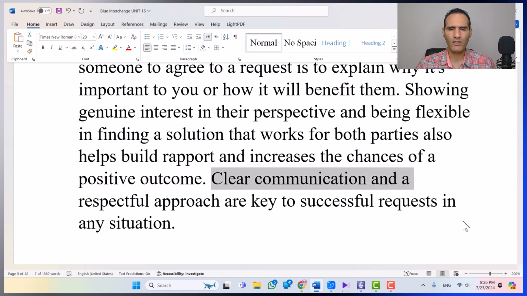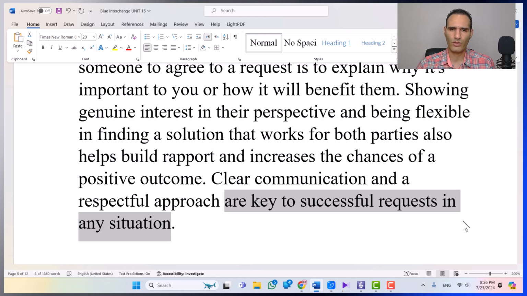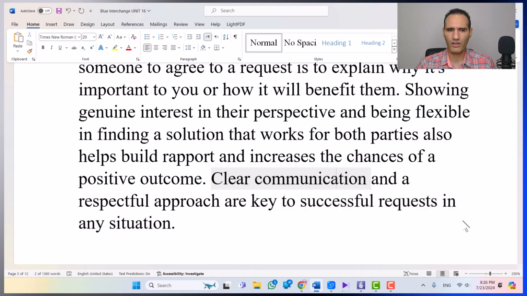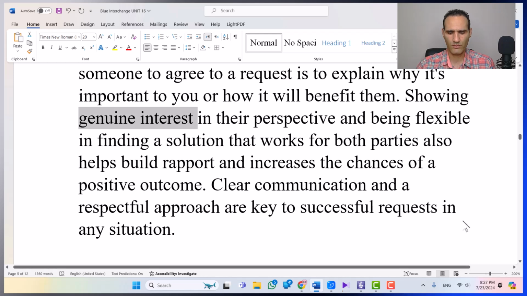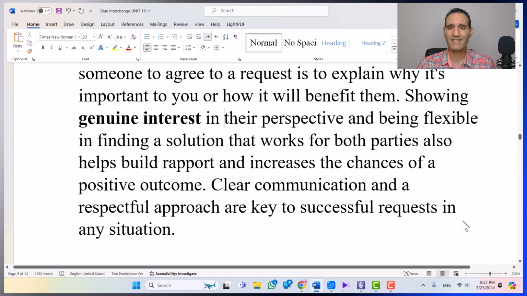Clear communication and a respectful approach are key to successful request in any situation. Very beautiful. Clear communication, respectful approach. So the beautiful points here we understood were, for example, genuine interest, sincere interest, perspective, which means viewpoint.